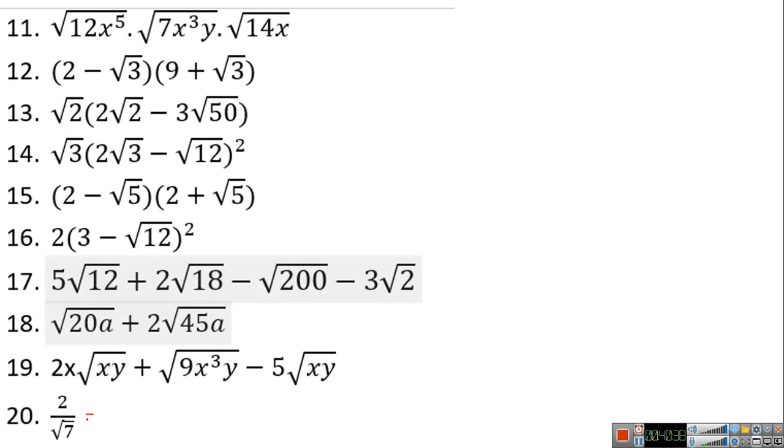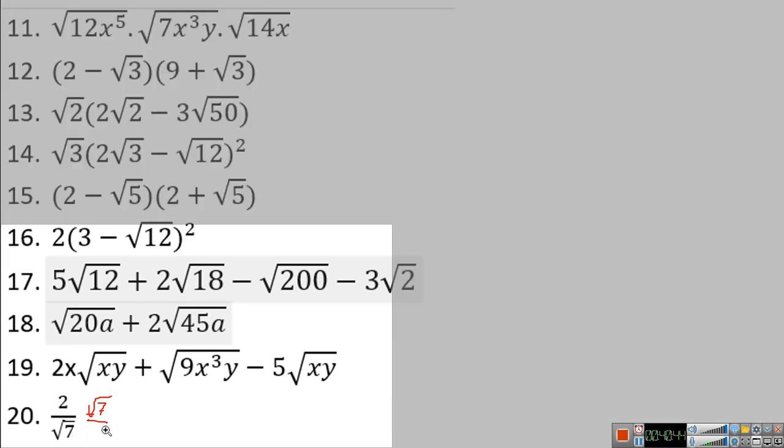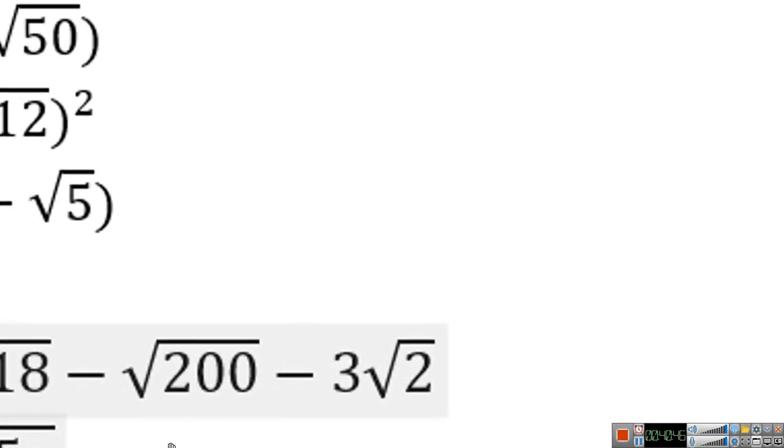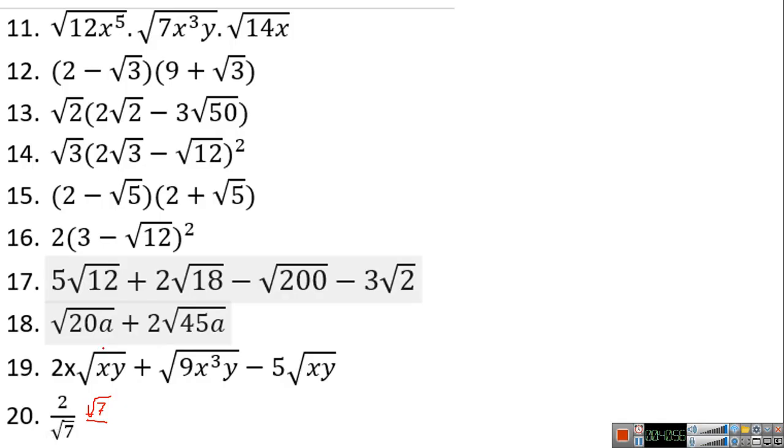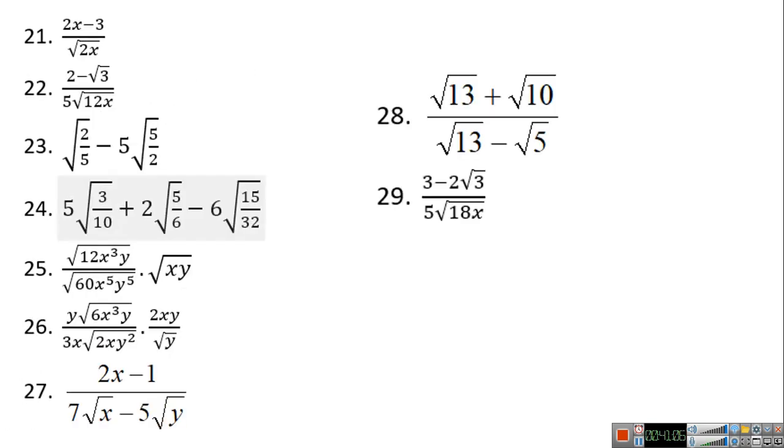So what do we do? We multiply up by root 7 and down by root 7. I have one monomial, and so on.